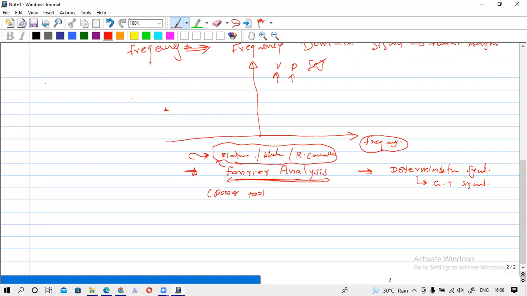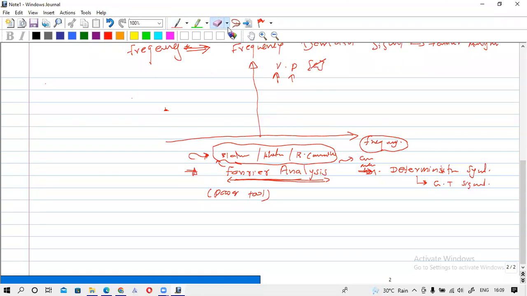If you have noted, this Fourier analysis is not limited to electronic or electrical domains. It is also applicable for other engineering domains, maybe civil engineering, mechanical engineering, hydraulic engineering. In many cases, Fourier analysis is a very powerful tool.